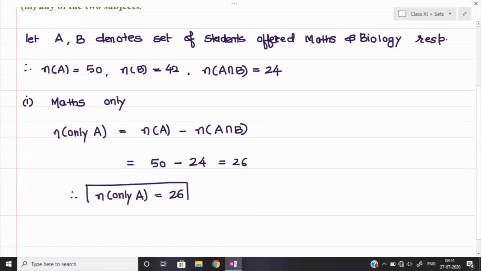Now similarly, let us find out the second one, n of only B. The second part is biology only.